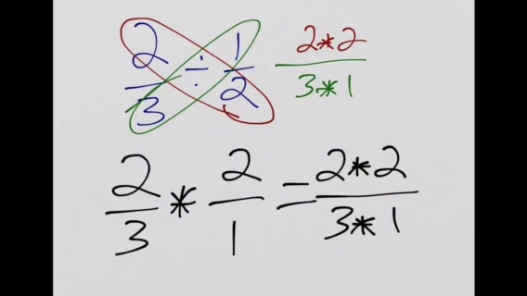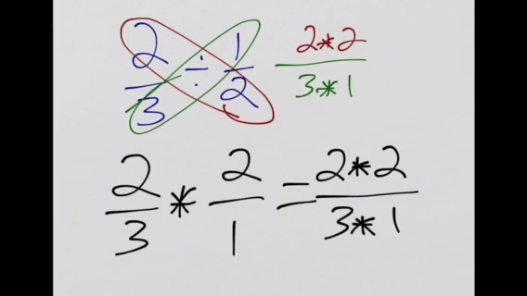And here's the proof. Instead of dividing by 1/2, I multiplied by the reciprocal, 2 over 1. And notice I get 2 times 2, 3 times 1 over here, and it's the same thing. So to skip that step of multiplying by the reciprocal, we can instead cross-multiply.